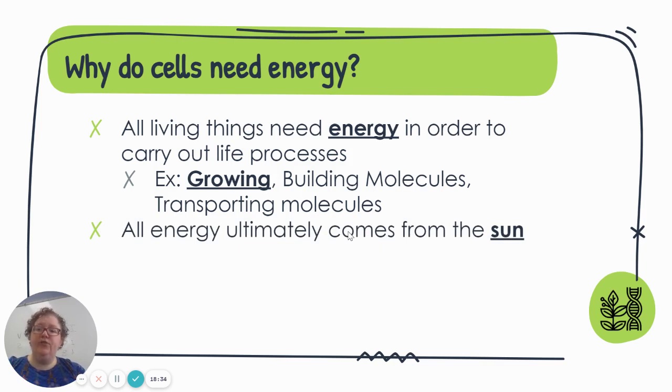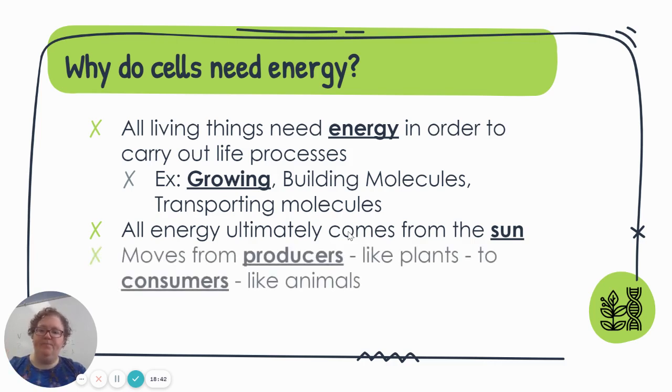Ultimately, on Earth, all energy comes from the sun. Although for animals, we can't get it directly from the sun, that's ultimately where it came from. So from the sun, the energy is going to go to a producer. A producer is something like a plant that can use that sun energy to create food, like glucose and sugar molecules.